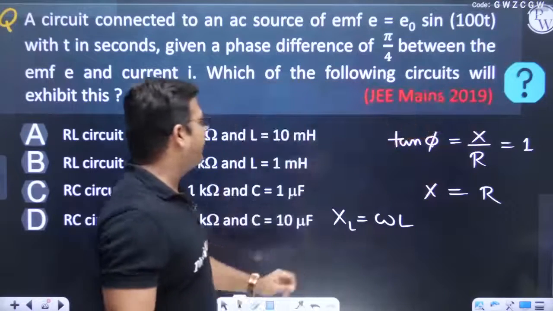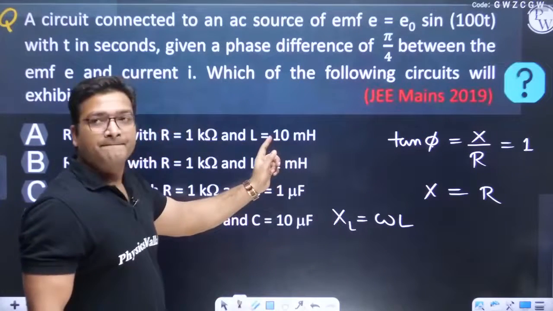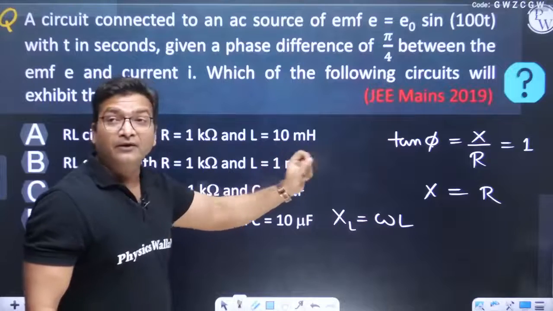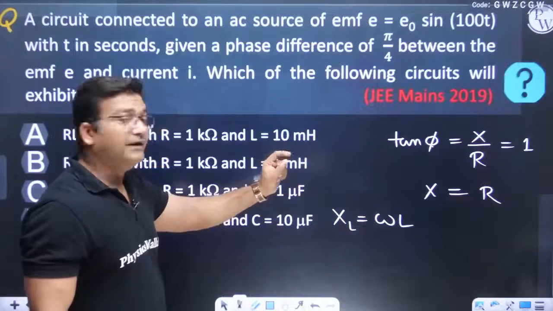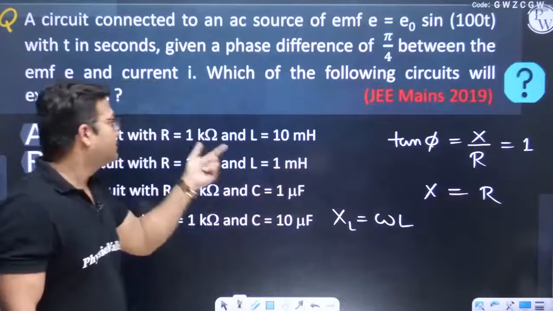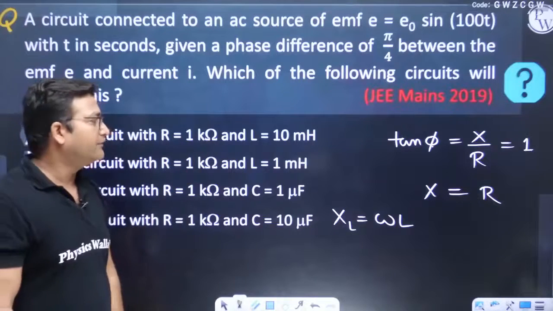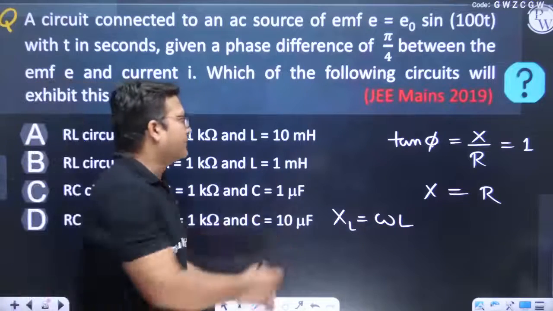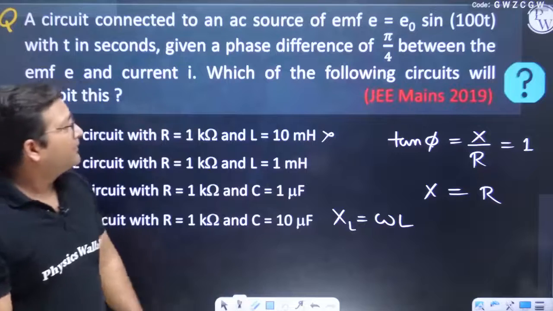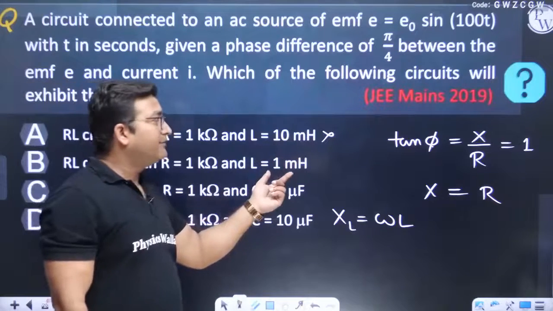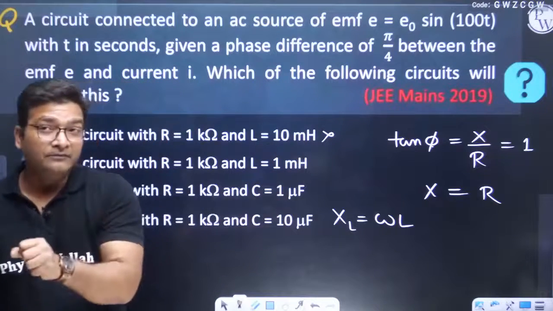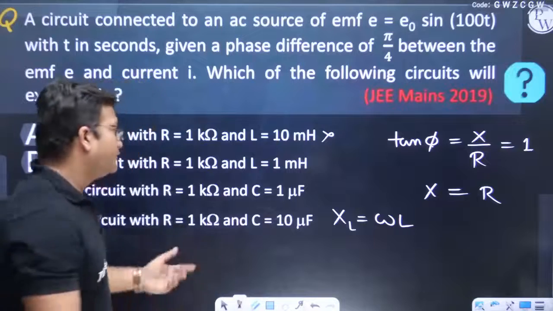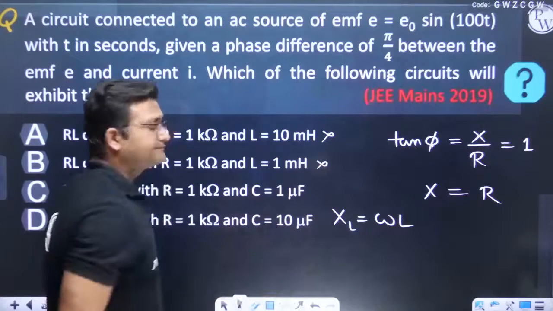So omega L would be 1000 milliohm. And 1000 milliohm is obviously not 1 kilo ohm, it is equal to 1 ohm. So that is wrong. If you multiply omega with this L, this will give you 100 milliohm, and that is even smaller, so it is also cancelled.